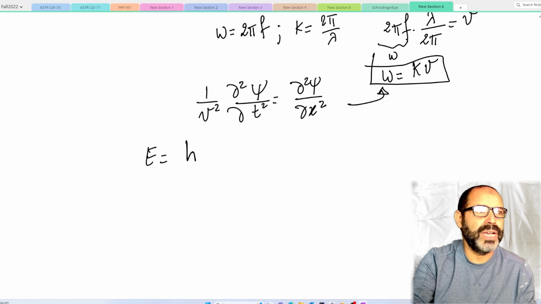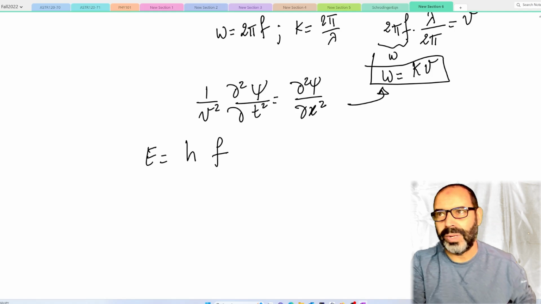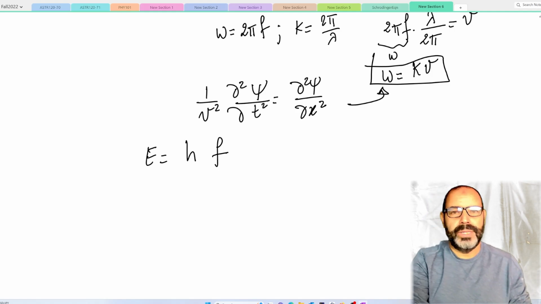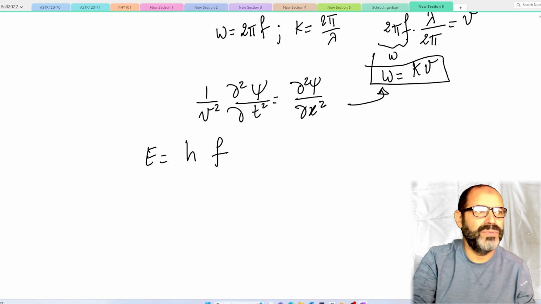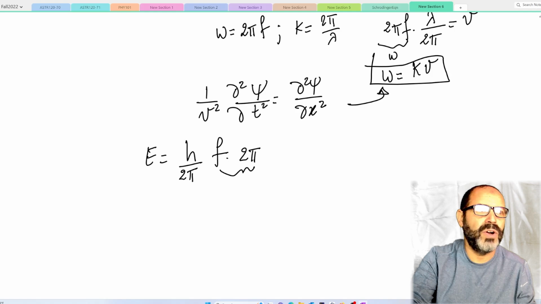introduced this connection between the frequency and the energy of the wave in order to explain black body radiation. So for that case, I can write the energy of light, or electromagnetic waves, by dividing by 2 pi and multiplying by 2 pi, in terms of omega. In terms of omega, this quantity is just omega.